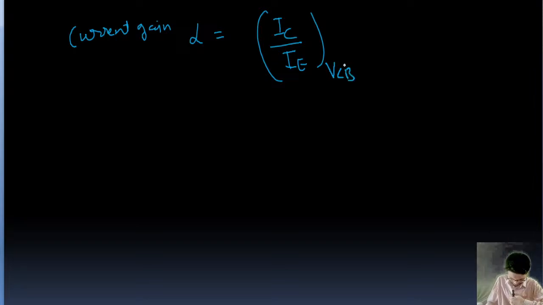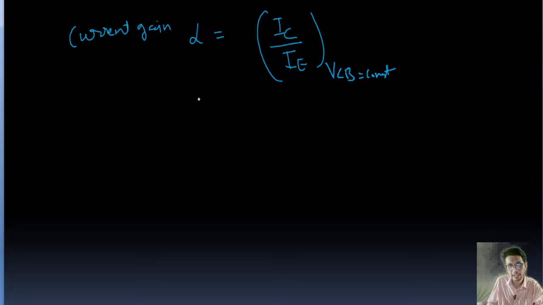VCB is constant. So this value, obviously IE is greater than IC, right? Because IE is equal to IB plus IC.